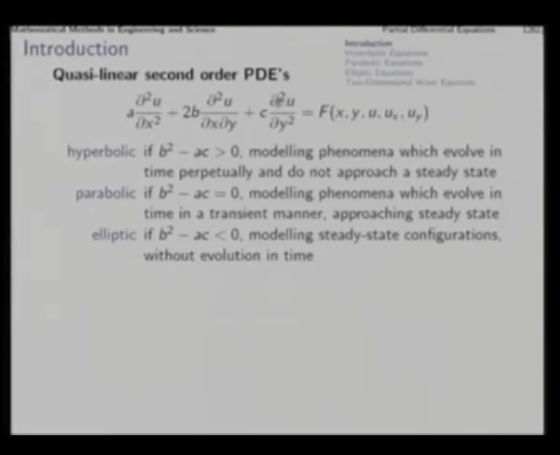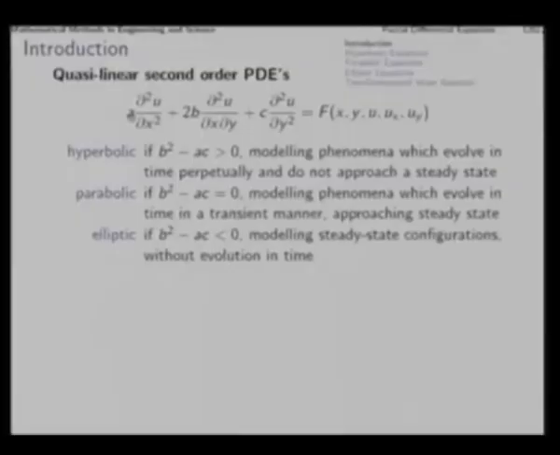Now, this kind of quasi-linear second order PDEs are classified in three classes as hyperbolic, parabolic and elliptic. The criterion is actually very straightforward. If b square minus ac is greater than 0, then we call it a hyperbolic equation, in analogy with the equation of conic sections in the xy plane.